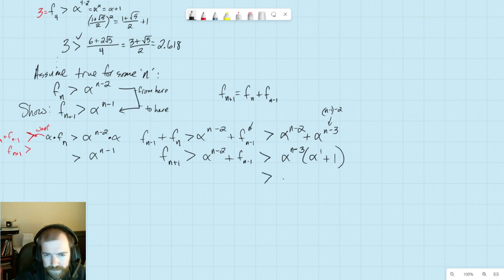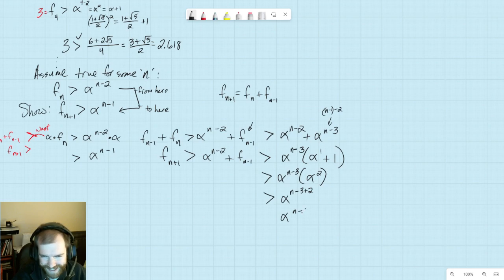Yep, that's it. So this is alpha to the n minus 3. This is alpha squared. This is going to be alpha to the n minus 3 plus 2, which is going to be alpha to the n minus... Hang on.